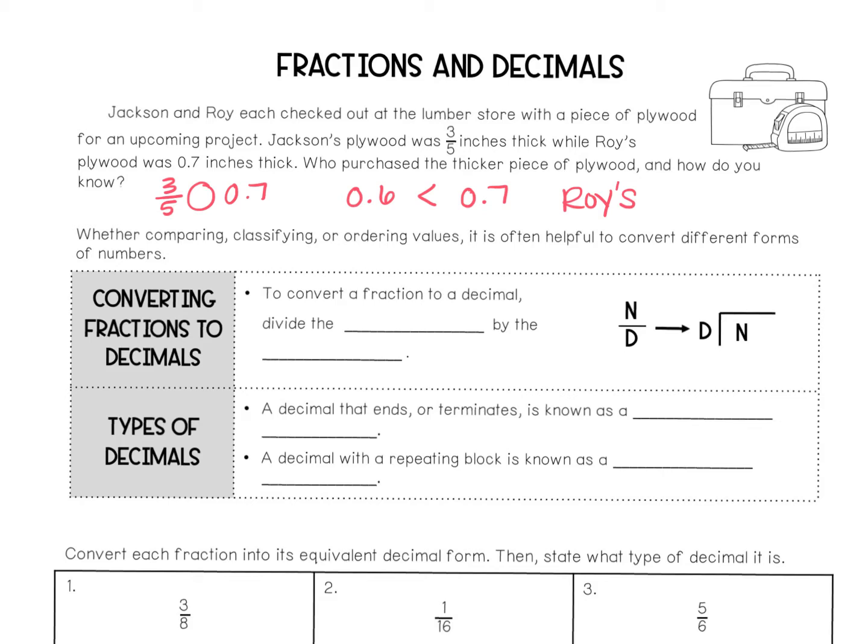In order to convert fractions to decimals, we're going to divide the numerator by the denominator, or the top by the bottom. When we do this, we can get two different types of decimals. A decimal that ends or terminates is known as a terminating decimal.